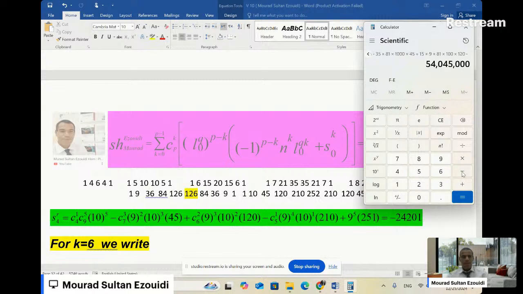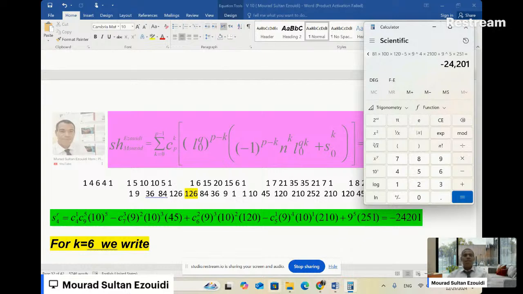Then minus 5 multiplied by 9 raised to the power 4, multiplied by 210 times 10, which means 2100, plus 9 raised to the power 5, multiplied by 251. So this one is equal to negative 24,204.